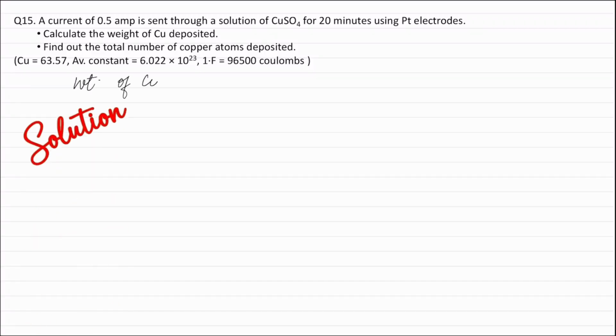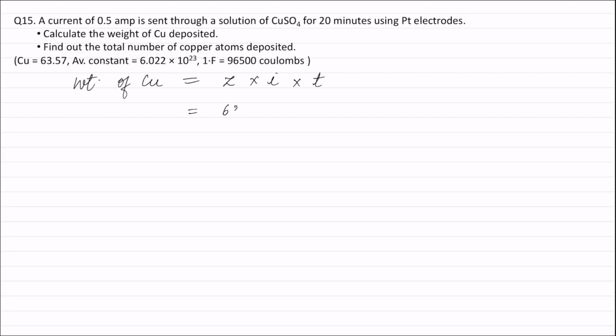Weight of copper deposited can be calculated from the formula Z into I into T. The value of Z for copper will be equal to equivalent weight of copper, that is 63.57 divided by 2, where 63.57 is the atomic weight of copper and 2 is the valency factor.